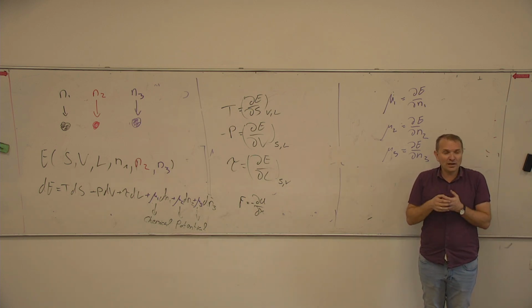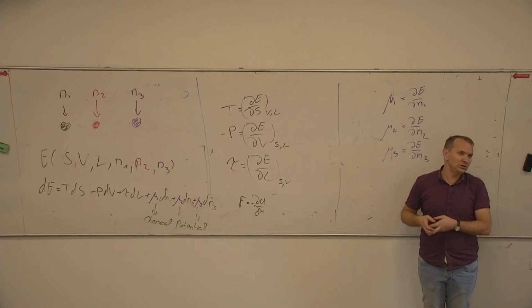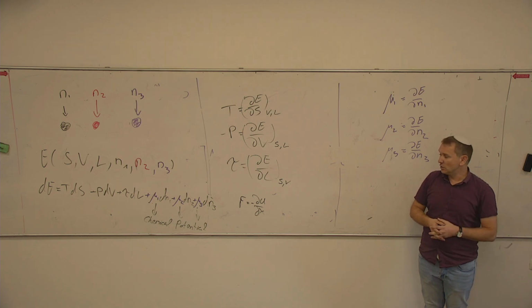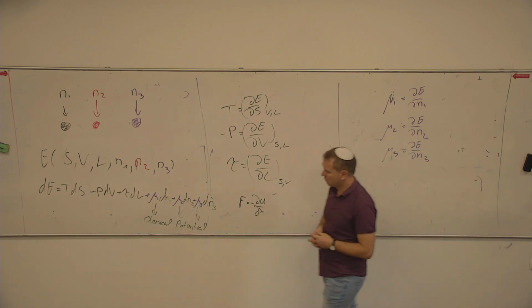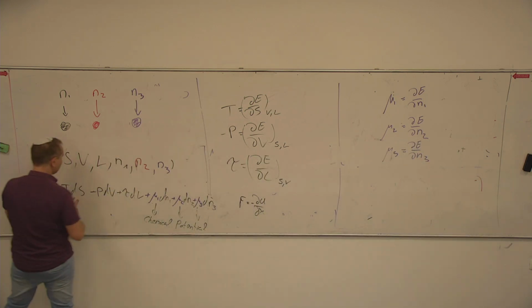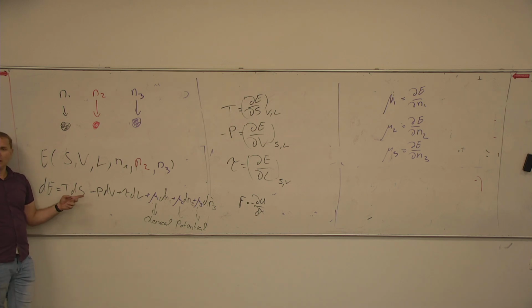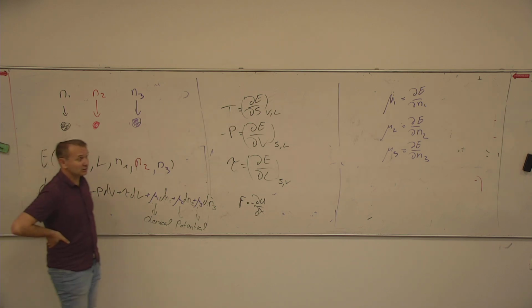Because it's not a very natural quantity to operate with. So how can we make our life simpler or more natural and look at everything, including our variational principles, without looking at the entropy? Okay.